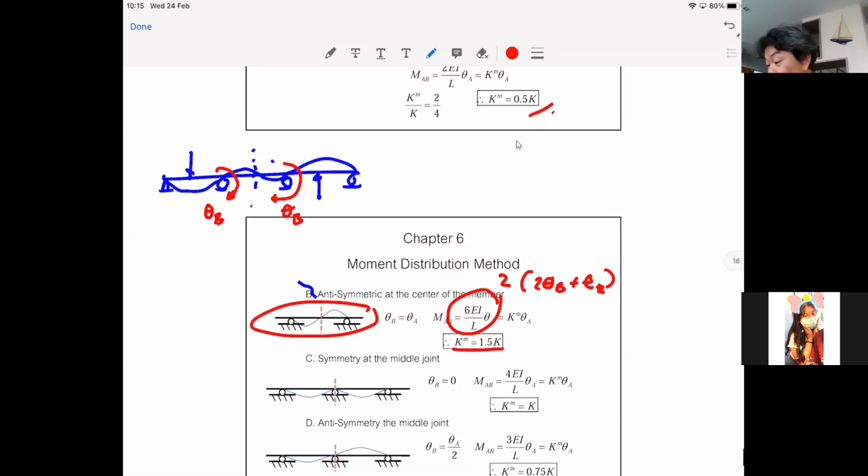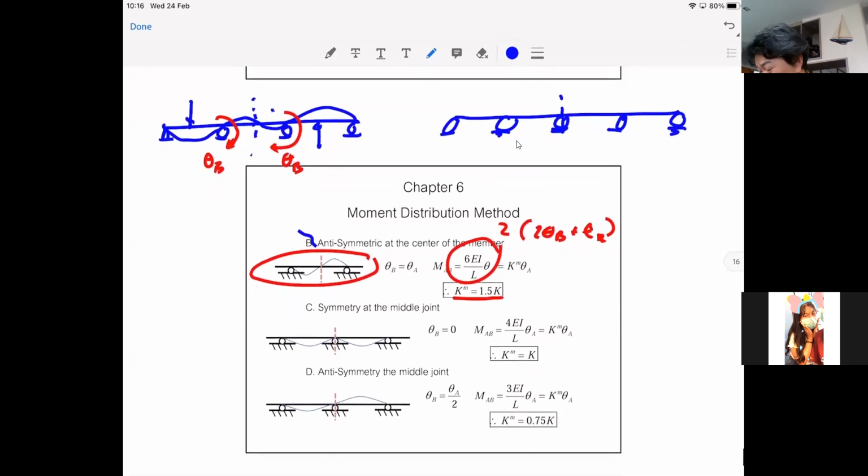Okay, and now the even number of spans. You know by now, because you have done it before, right? The rotation here must be 0. Otherwise, you cannot have the symmetric condition.